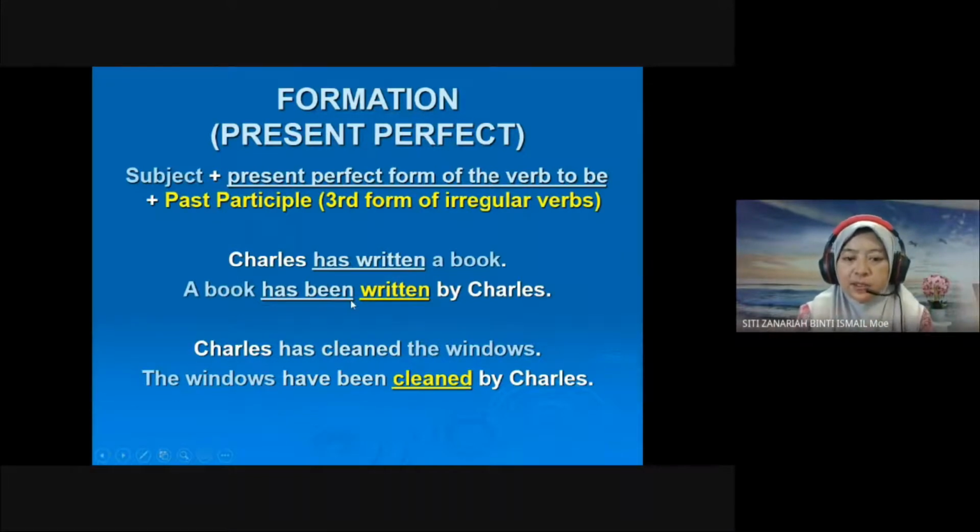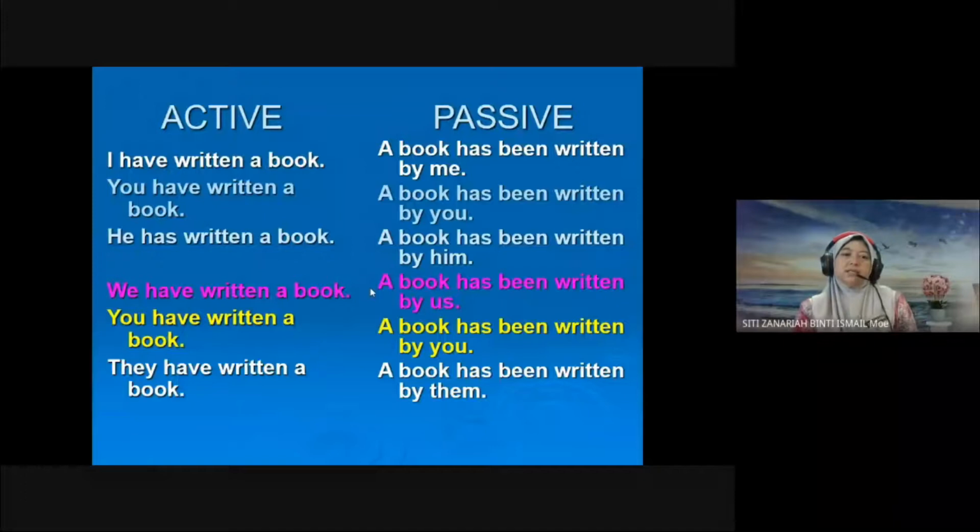A book has been written. This is in the passive voice. For the active voice, it is direct. Okay, these are the examples, the differences of active voice and passive voice. I have written a book.